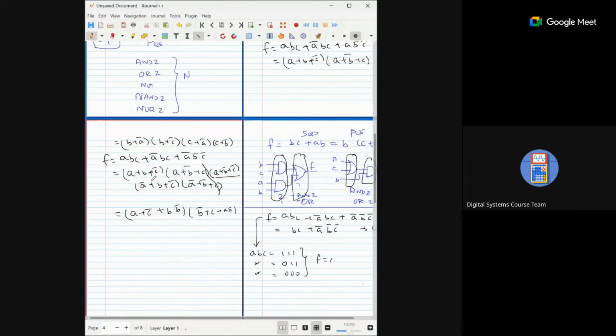Then from these two terms, I can bring B plus C bar common, right? Anyhow, I'm getting the same expression, B plus C bar. Sorry, it's B plus C bar, right? So B plus C bar plus A bar from these two terms. Am I right?